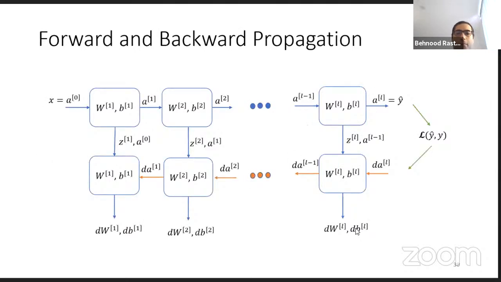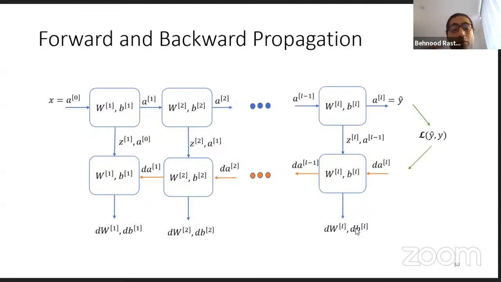So here is a kind of block diagram of forward and backward propagation and how generally a deep network works. Let's assume that this can be any type of network, but now we're talking about the CNN. So you have your sample X, you give it to the network.